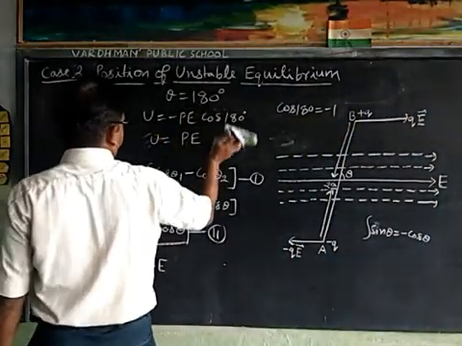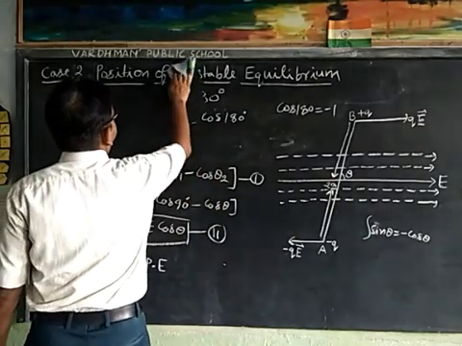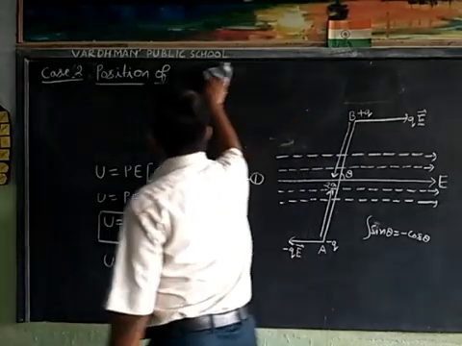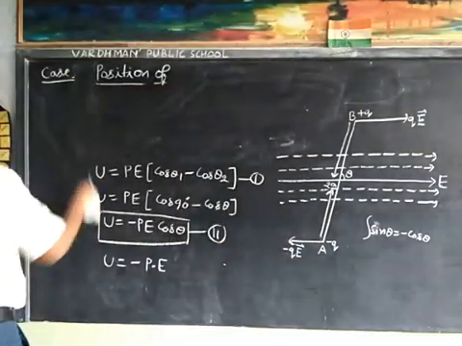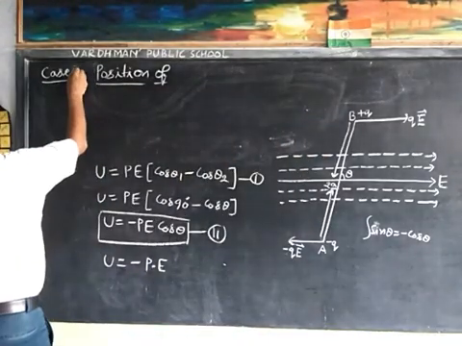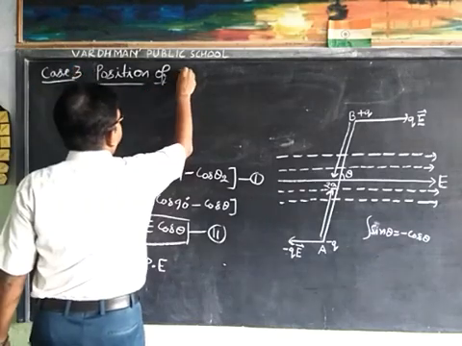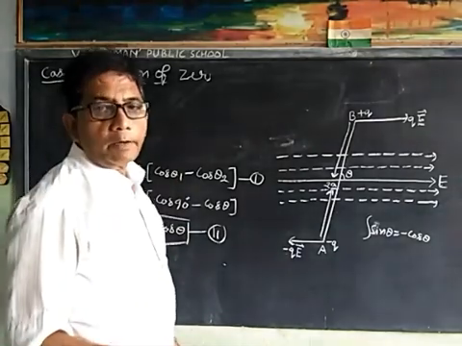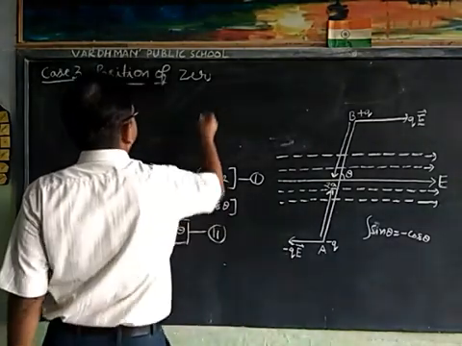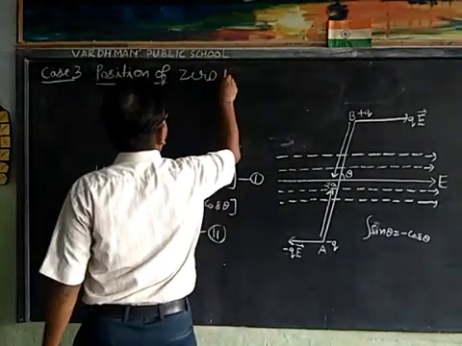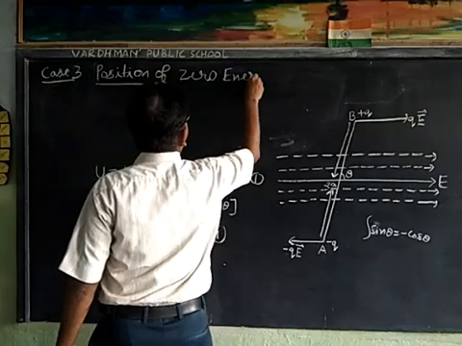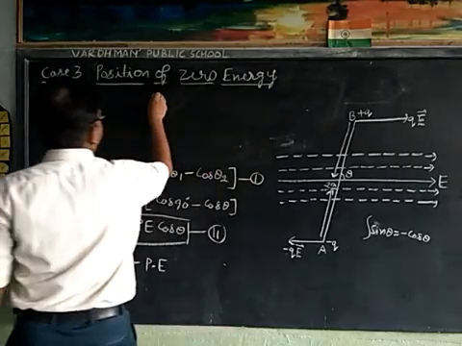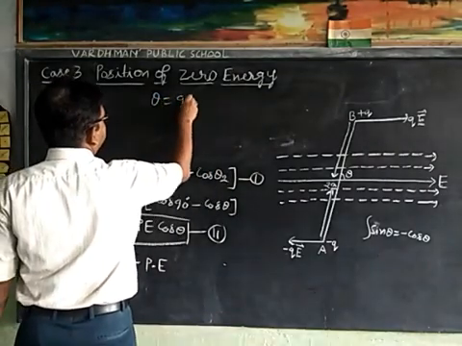Position of zero energy. That is, theta is equal to 90 degree.